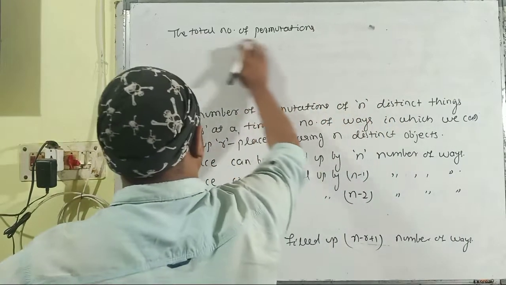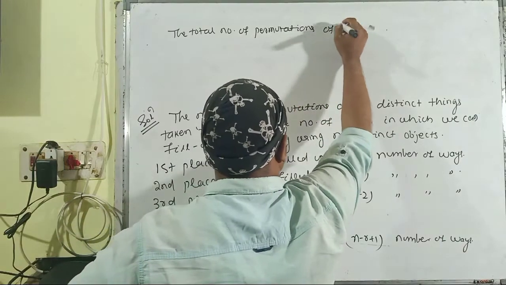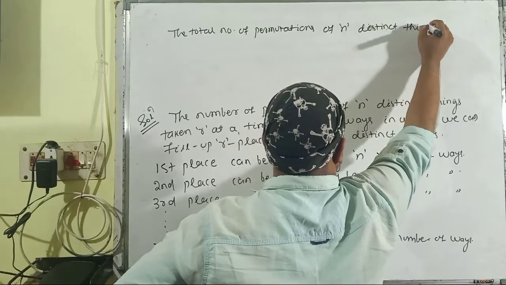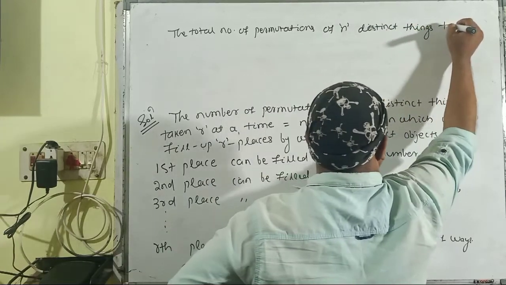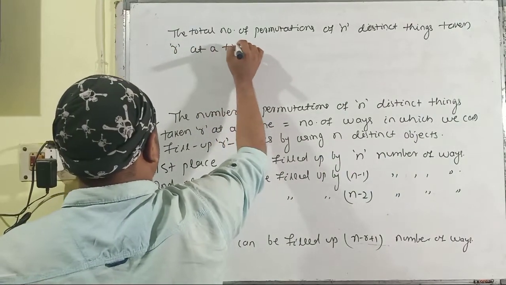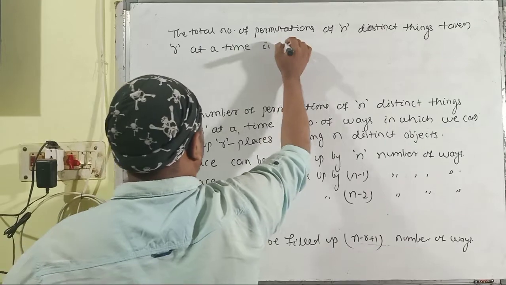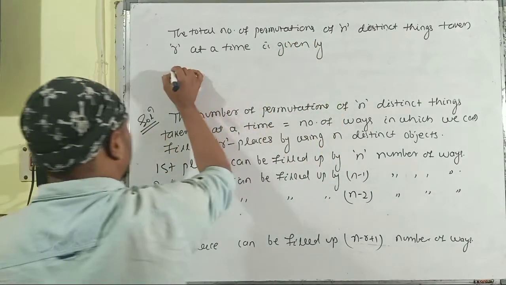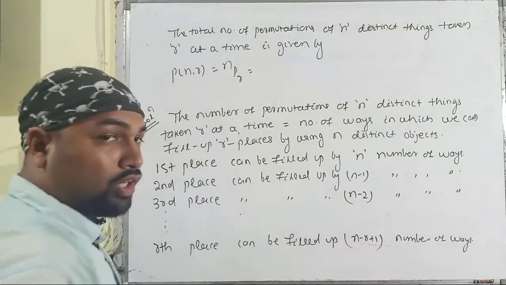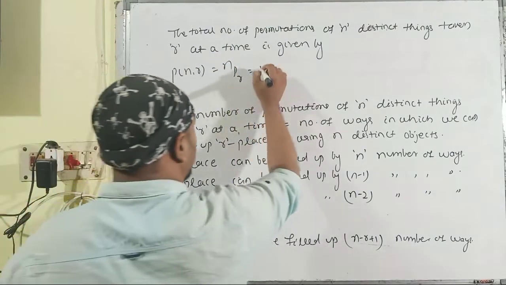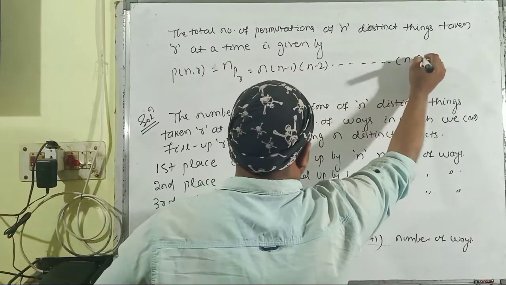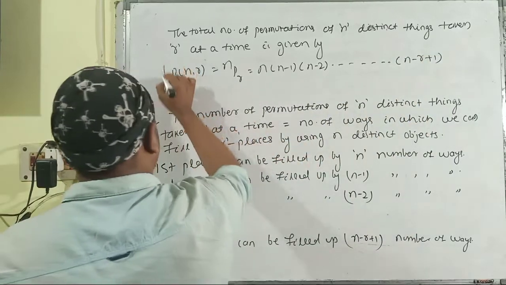Let us write down that the total number of permutations of n distinct things taken r at a time is given by P(n,r) or nPr. We have to use the counting principle of multiplication here: n multiplied with n minus 1 multiplied with n minus 2, up to n minus r plus 1.